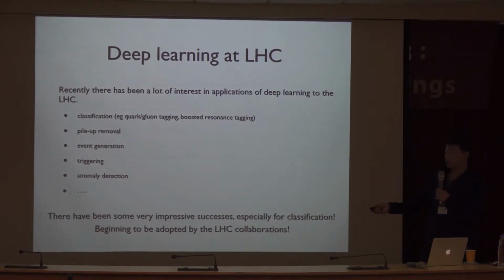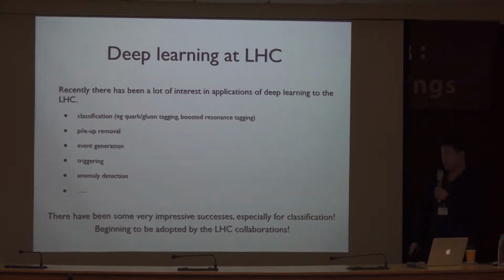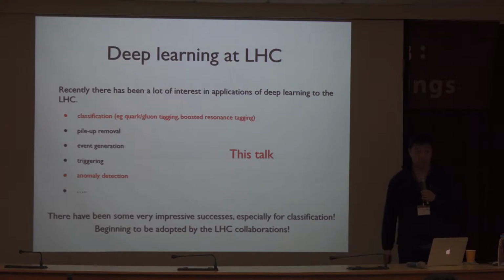And people are starting to use it for triggering and anomaly detection, looking for interesting or outlier events in the data. And so today, in this talk, I'm going to review some of the work that I've done in these directions, focusing on classification, tagging boosted top quarks, and anomaly detection. And so, in the work of many, many people, there have been very impressive successes, and especially very clear improvements for classification tasks, tagging, and these are beginning to be adopted by the LHC collaborations.